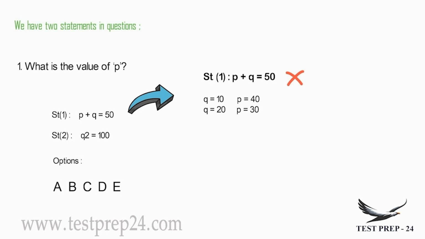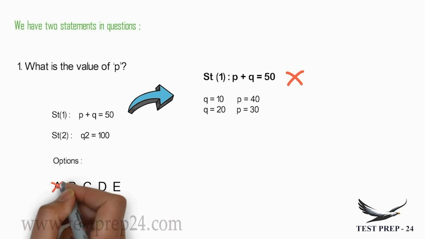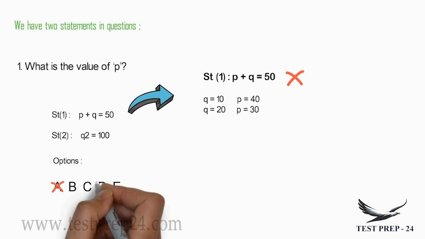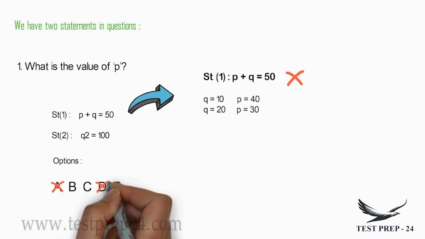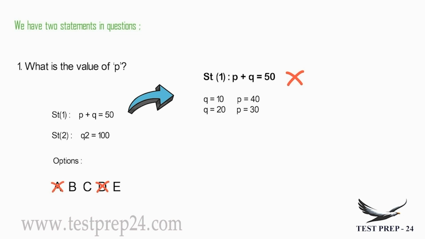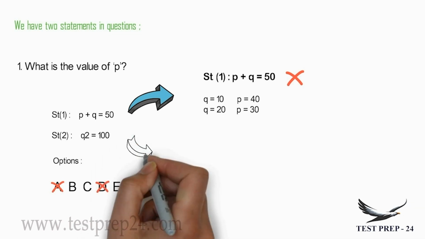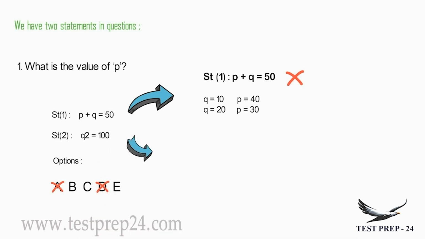Can I eliminate option A and D? Because if statement 1 is sufficient, then options A and D are the ones that remain, but when statement 1 is insufficient, then option B, C or E will be your answers. Therefore, we can easily eliminate option A and D for this question.